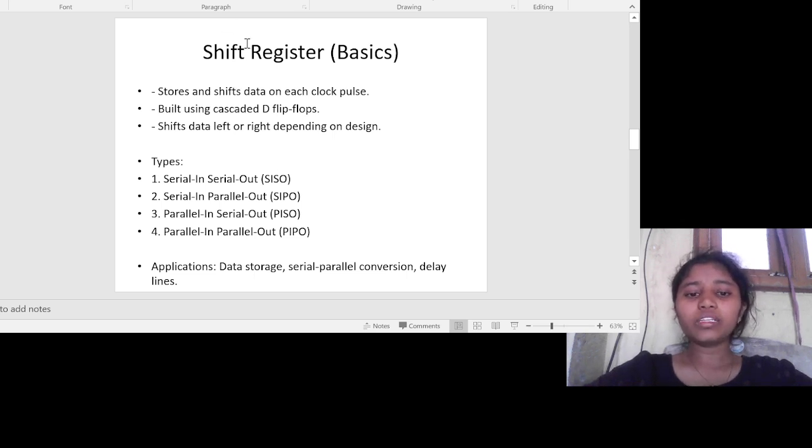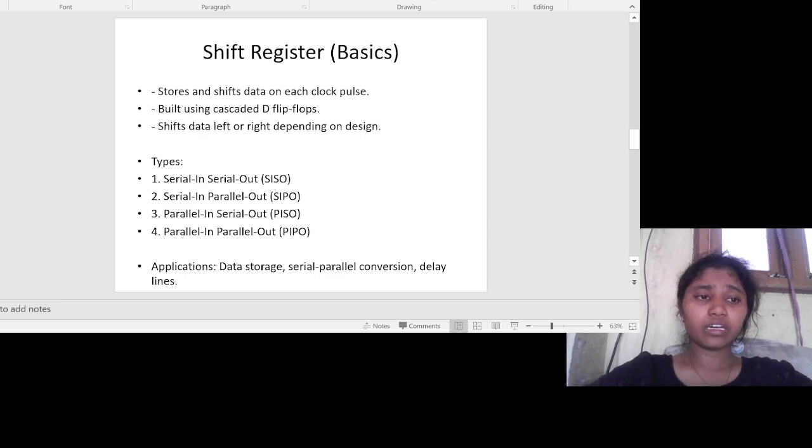There are mainly four types: serial in serial out, serial in parallel out, parallel in serial out, and parallel in parallel out. Here, I have given the short forms. Applications of the shift register are data storage, serial-parallel conversion, and delay lines.